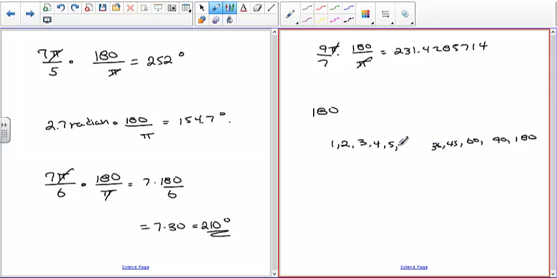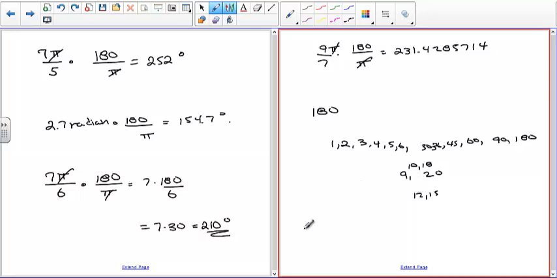Then you have 6 and 30. How about 8? 180 divided by 8, no, that's 22 and a half, so that's not any good. 180 divided by 9 is 20, so you got 9 and 20. You've got 10 and 18. And then you've got 12. 180 divided by 12 is 15. So you got 12 and 15.